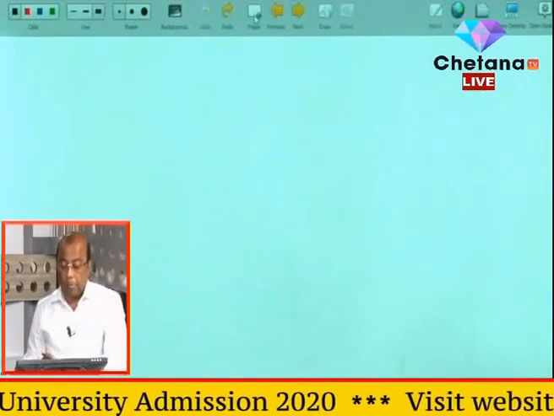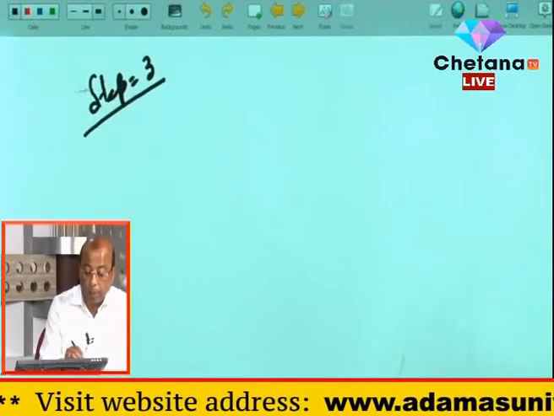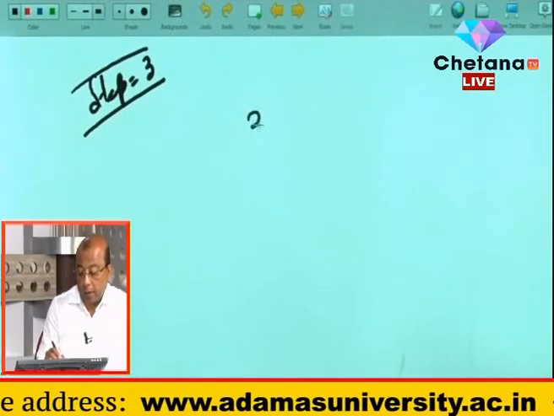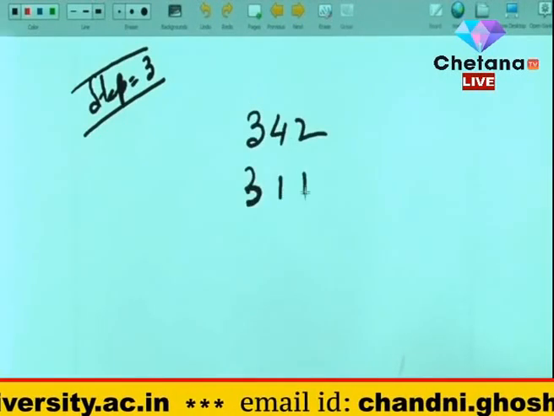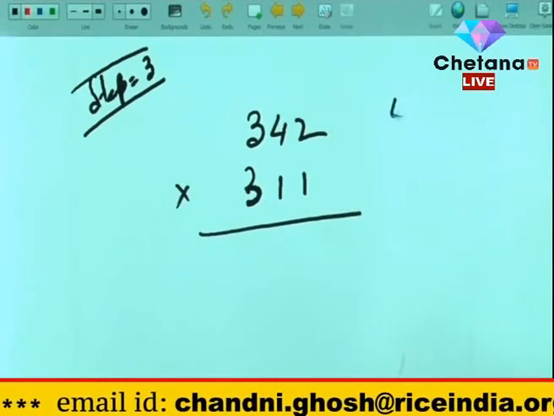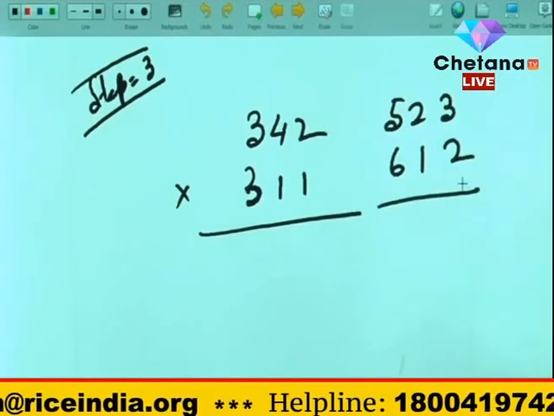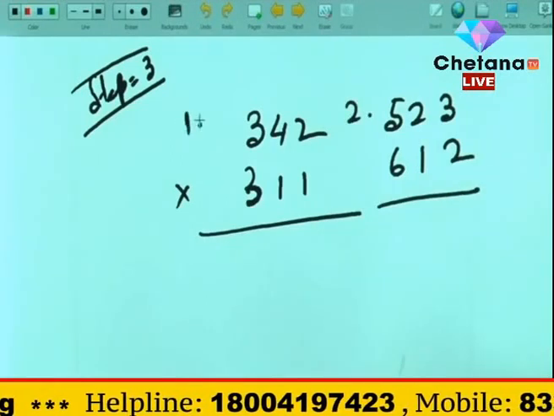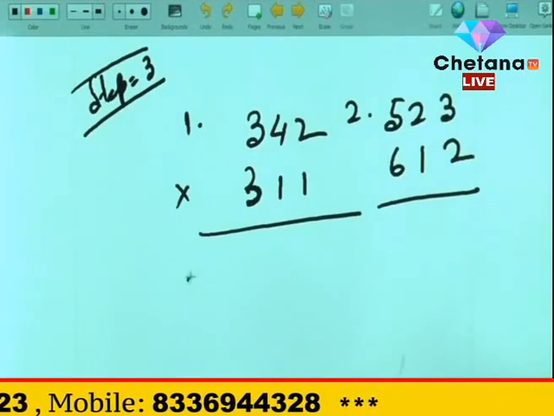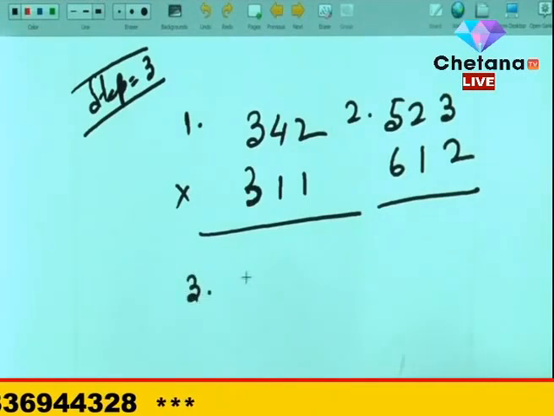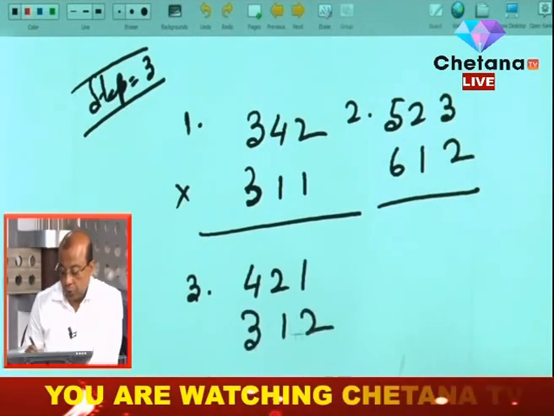For step 2 and for step 3: problem number 1, 342 times 11. Problem number 2, 523 times 612. Problem number 3, 421 times 312.